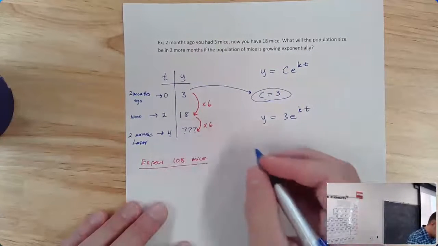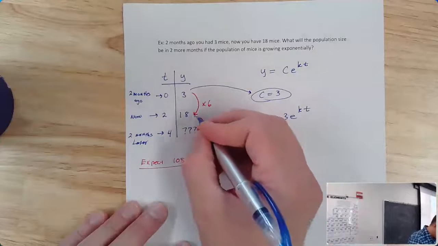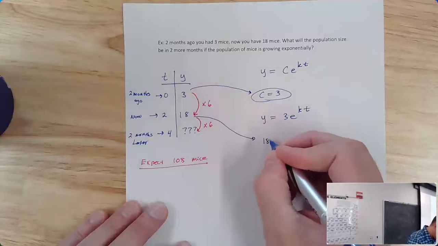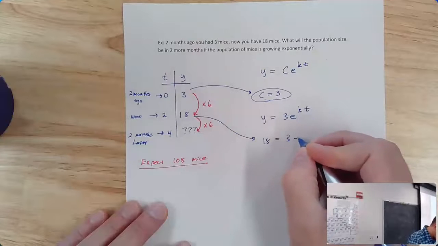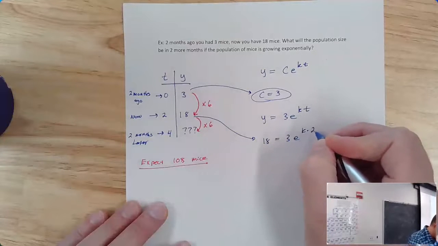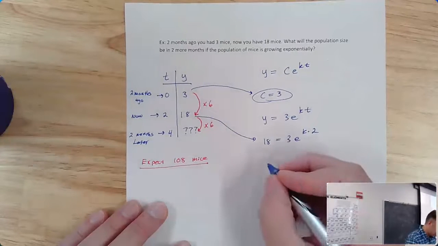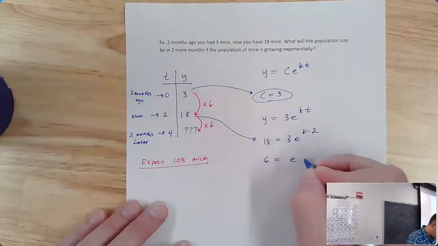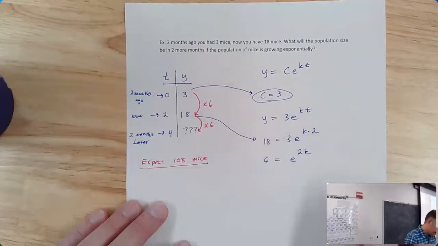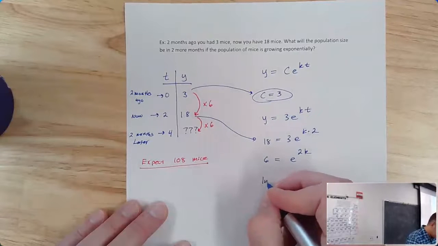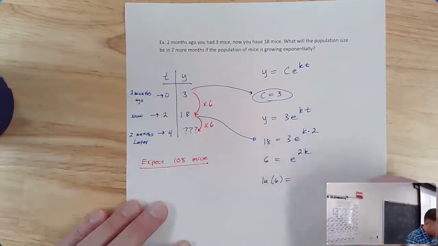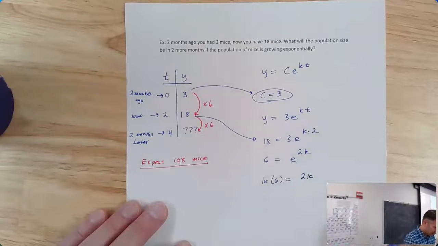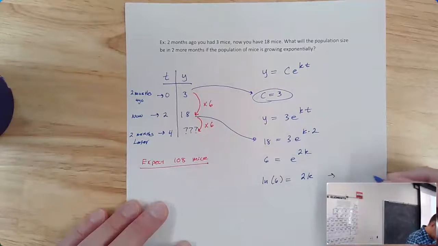I'm going to plug in the other piece of data: 18 equals 3 times e to the k times 2. Divide both sides by 3. We get 6 equals e to the 2k. Take the natural log of both sides. Natural log of 6 equals the natural log of e to the 2k, which is just 2k. Finally, k is equal to the natural log of 6 divided by 2.